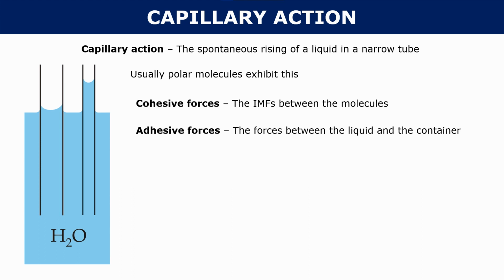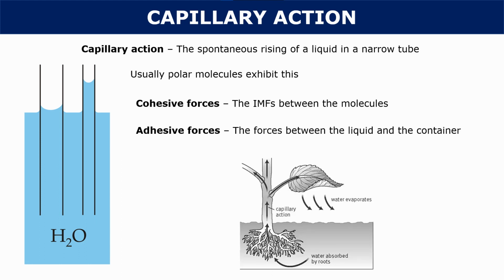And when that molecule gets lifted up, the cohesive forces jump into action. As that molecule goes up, the molecules around it go up, and so on and so forth. That's why you have this meniscus, this parabola shape here, because this is just a mixture of adhesive and cohesive forces. And that is capillary action.